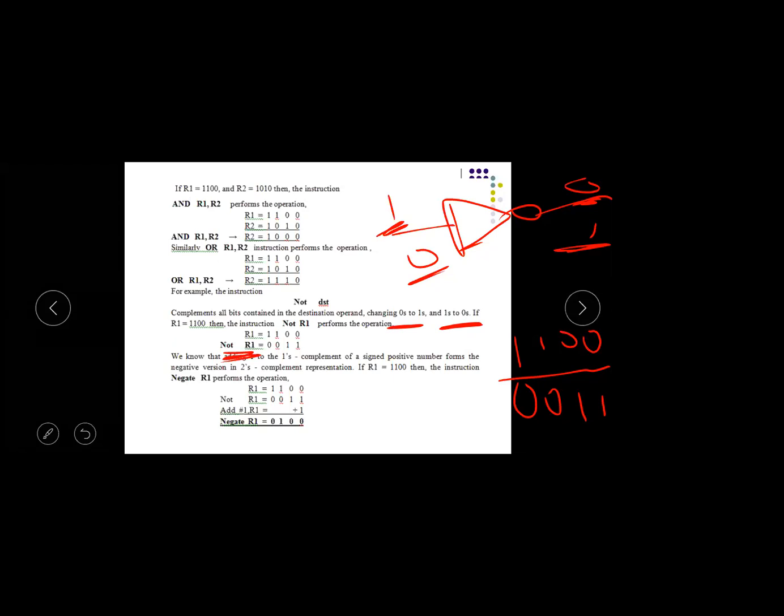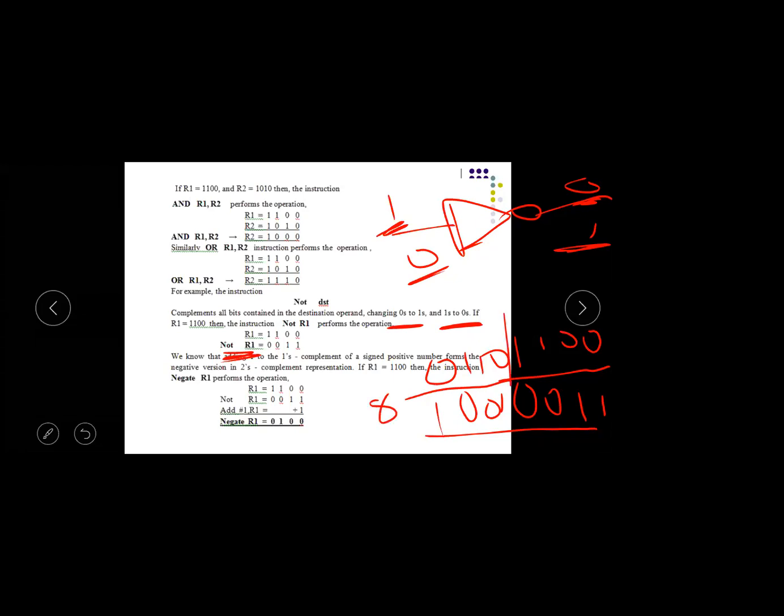NOT is nothing but the complement of individual bits. If there are 8 bits, the same applies: 0 is converted to 1 and 1 to 0. Like any number, for an 8 bit register we perform it the same manner.